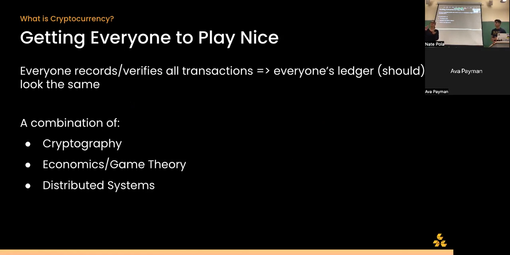So if one person has a slightly different transaction than the 100 other people in this room, then we're going to know that that person is probably malicious, because why would that one person have received $100 more than the rest of us? Obviously that person is acting maliciously, and if you scale that up to millions of nodes in the network, you can see how you can easily create checks and balances within the system. And this is done through a combination of cryptography, economics and game theory, incentive alignment, and distributed systems, which is what I just talked about.